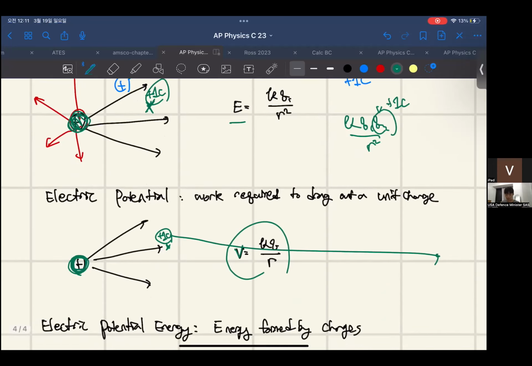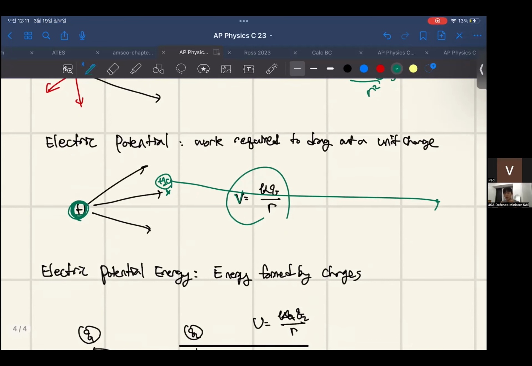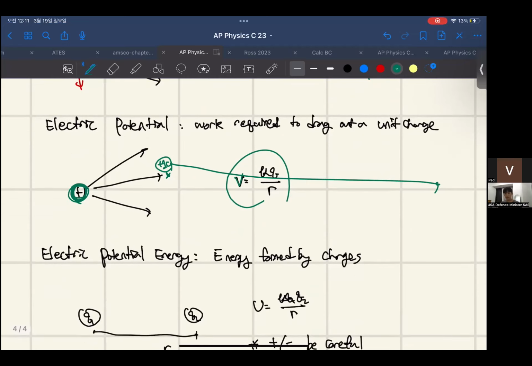But for this formula, I can't really find a good relationship. So that's unfortunate, but anyways, you can just memorize it. The formula is not that different from all the other formulas, so it's not going to be really hard to memorize. Again, V equals kQ over r.